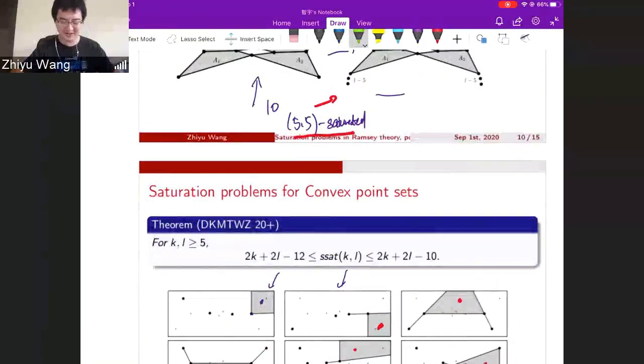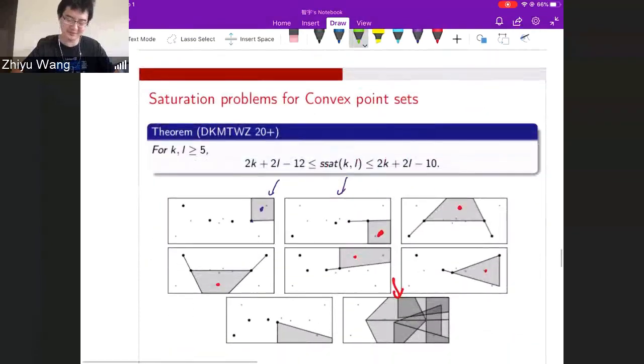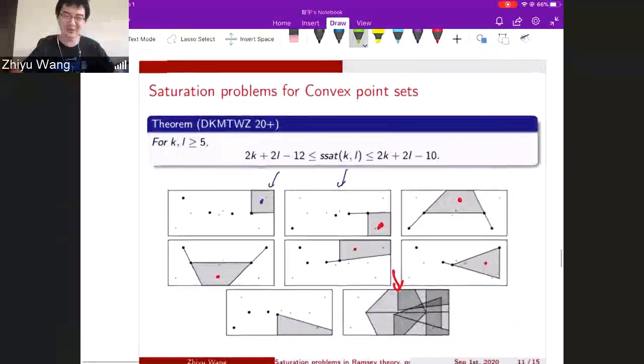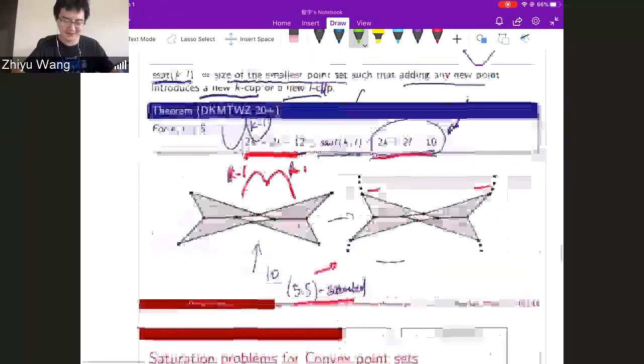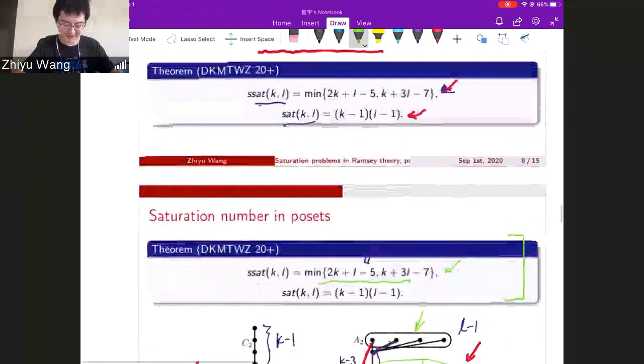I think we don't know which one is the truth. Maybe we can analyze the lower bound more carefully and improve it, or there's a much better construction that can decrease the upper bound. We don't know. And the poset one is fairly clear.